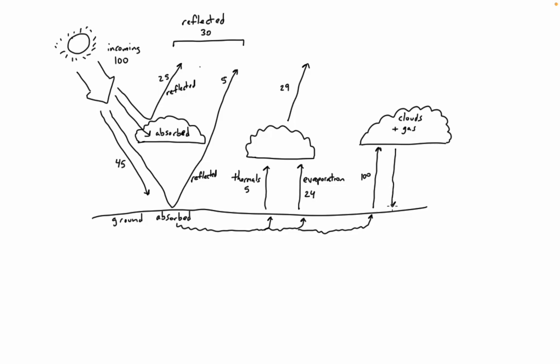radiates back. It radiates in all directions. It radiates both up and down. The numbers here are 12 and 88. So we'll label this the greenhouse effect. Okay, this is another way of looking at why does the presence of an atmosphere change the surface temperature?